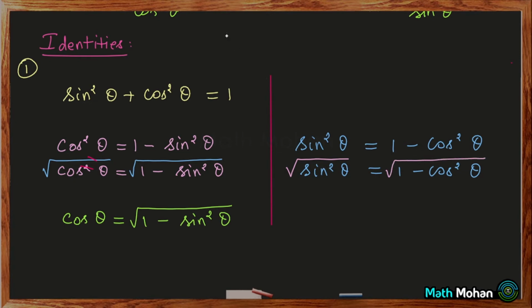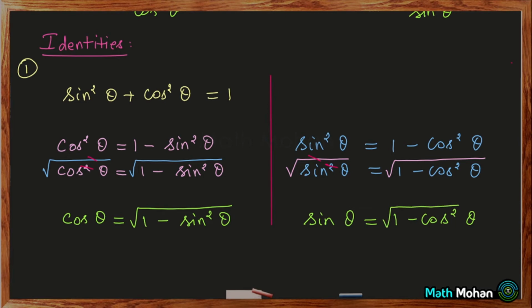Okay. And here this square root and this square will be cancelled, and as a result you will get sine theta equal to the square root of 1 minus cos square theta.